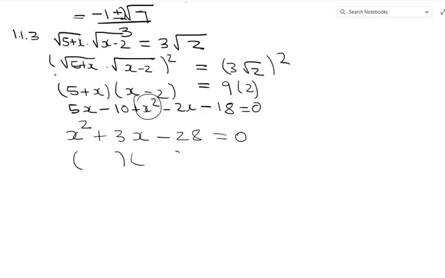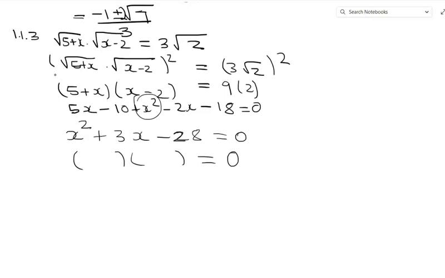So now we're going to look at the factors of 28, that when we multiply them, they give us 28, but when we add them, they give us 3. Okay, let's try 4 and 7.